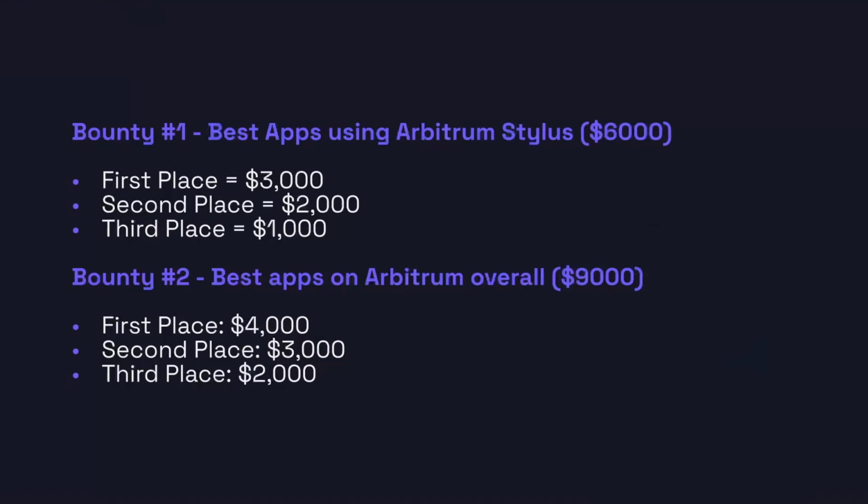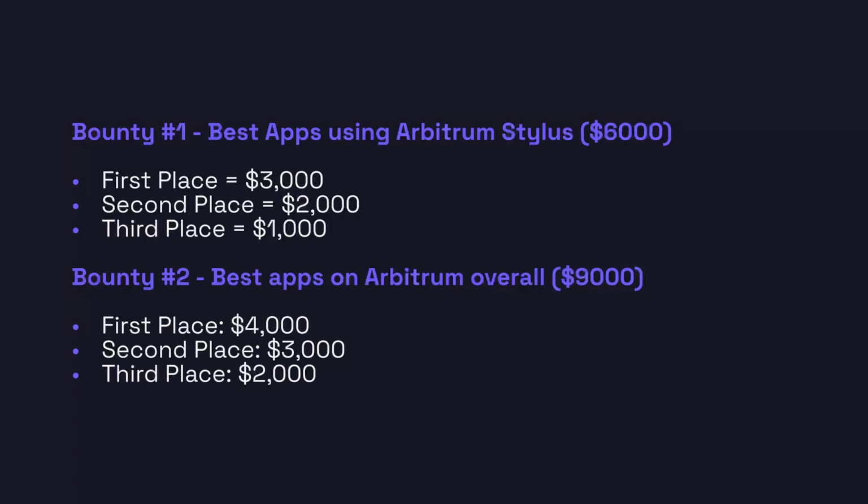So for the hackathon, if you're building on Stylus, you're eligible for both bounty categories, because we have one bounty category dedicated to people building on Stylus for $6,000, and then bounty number two is just best apps on Arbitrum overall. Also, keep in mind that it is possible to win both bounties from a single project.